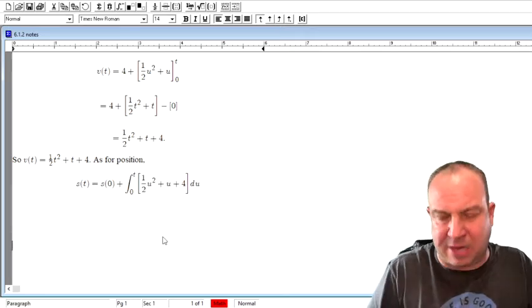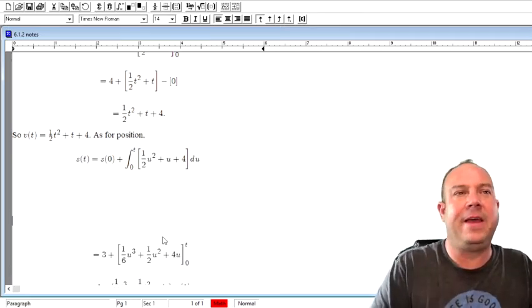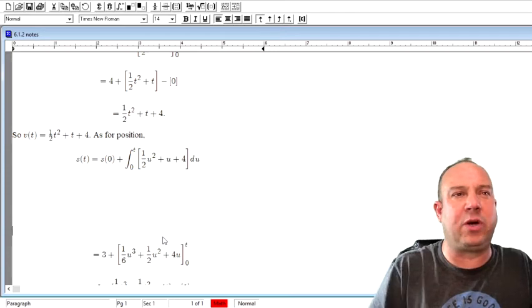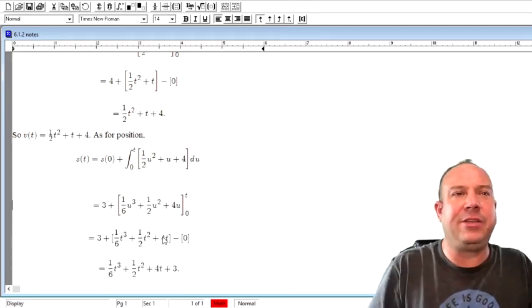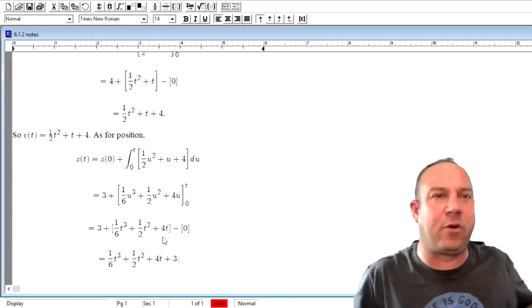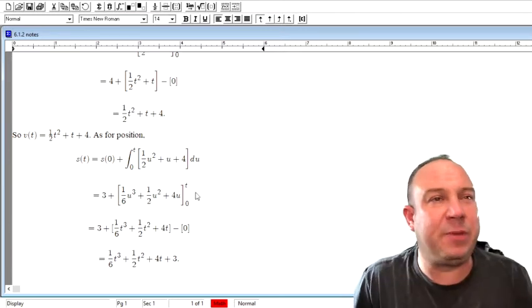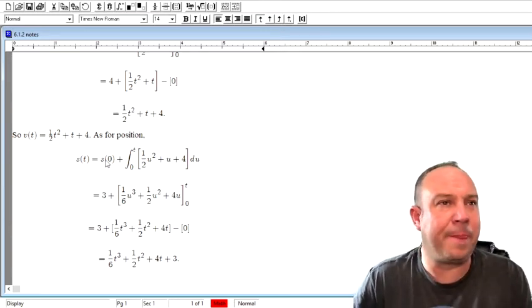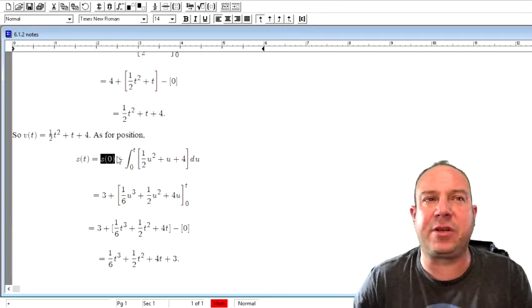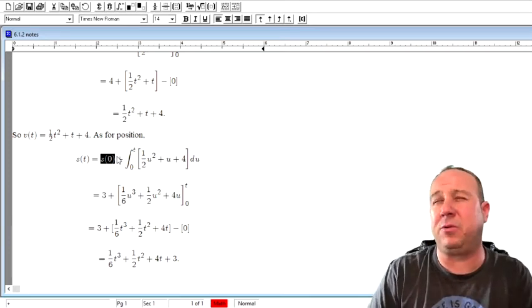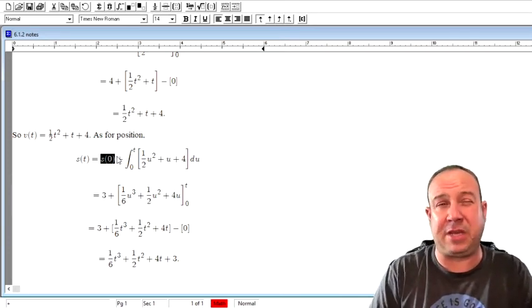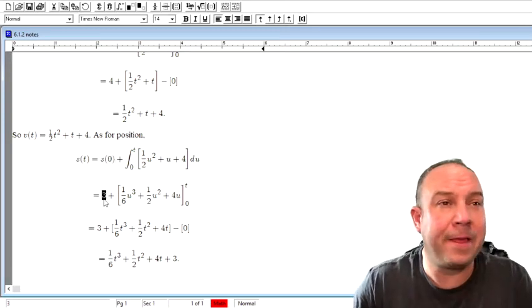And from our fundamental rules again, the 1/2 u squared becomes 1/6 u cubed. U becomes 1/2 u squared, and 4 becomes 4u. So it would be a sum of those four terms. S sub 0, we observed the position at time 0 was 3 meters from the origin. So that is 3, right?